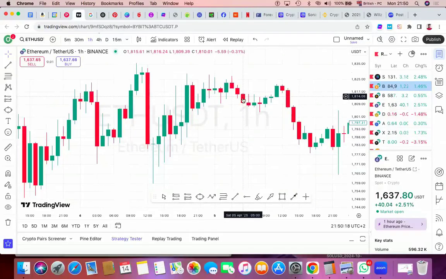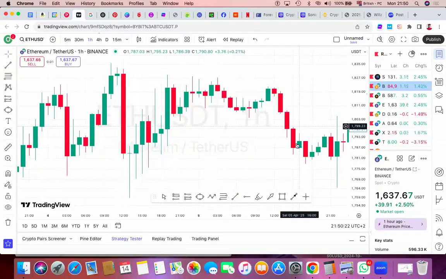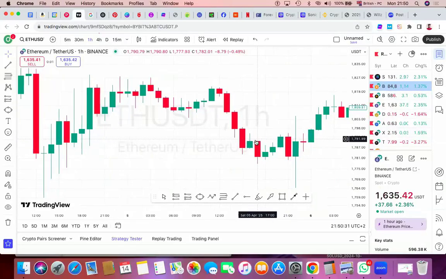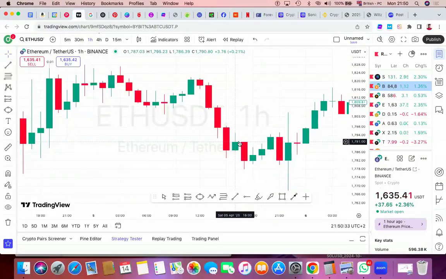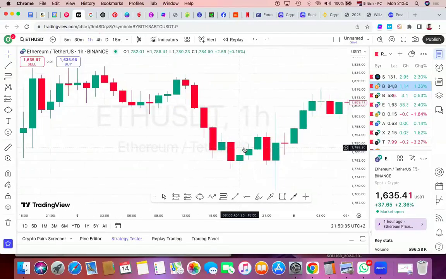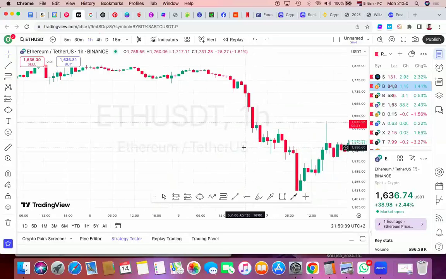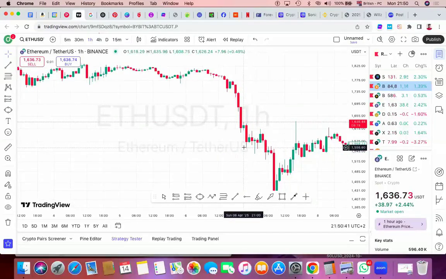We have three consecutive down candles here, and another three consecutive down here, but the next candle that came is not a hammer. We need an inverted hammer, and it's not here. And this is on an hour time frame.